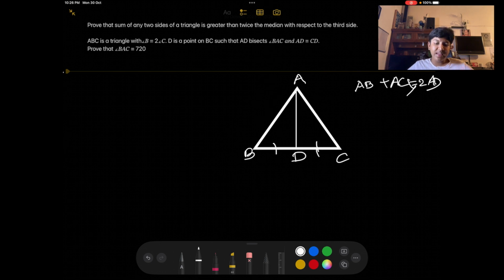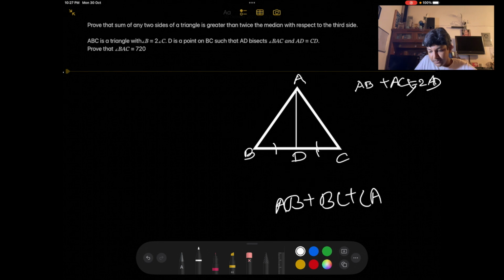The first thing that pops into our mind is proving that ADB is congruent to ADC, right? But this won't work. If you try that, I'm going to tell you what the outcome will be. You will have AB plus BC plus CA is greater than 2AD.